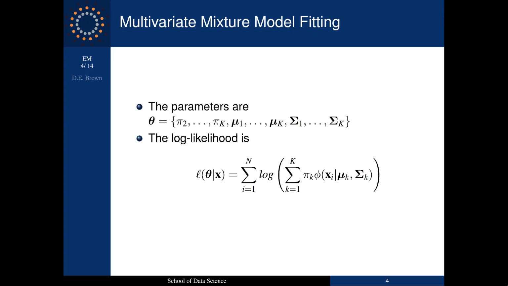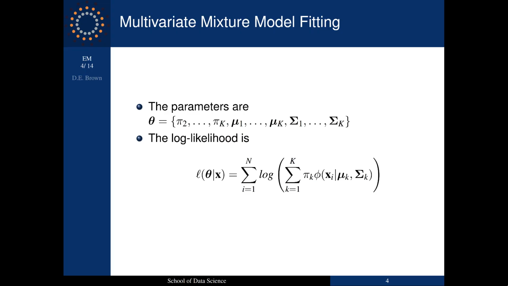The log likelihood, in a similar fashion to what we saw for the simple univariate case with 2 components, is now the log of a sum of k components instead of 2, weighted by the mixing probability pi k. Each component is the probability density, in this case the multivariate Gaussian, for observing a particular x value, one of the observations in our data set, given the values of the component we're considering.